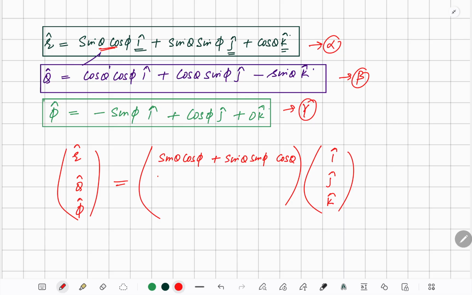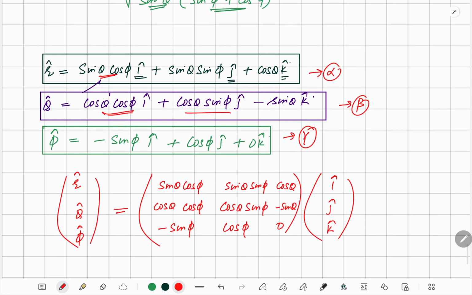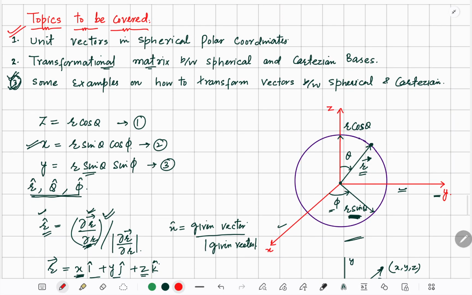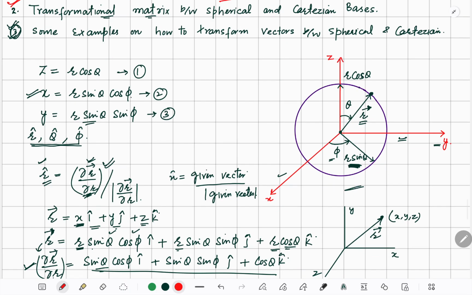And here cos theta cos phi, it's not plus here, and cos theta sin phi and minus sin of theta. And then minus sin of phi and cos of phi, and it's 0 here. So this is basically the second part. So basically I was able to write the unit vectors in the spherical polar coordinate system, and this is the transformation matrix between the spherical and Cartesian bases.